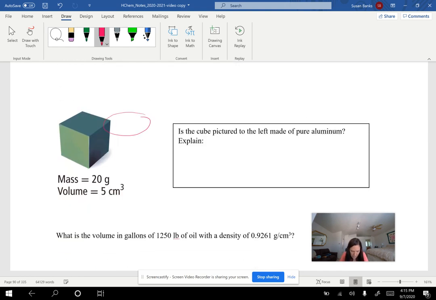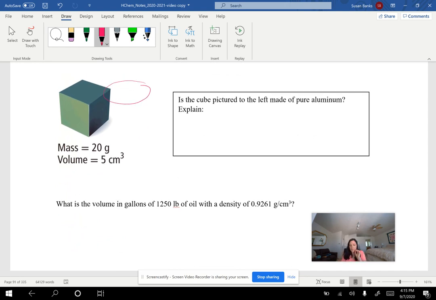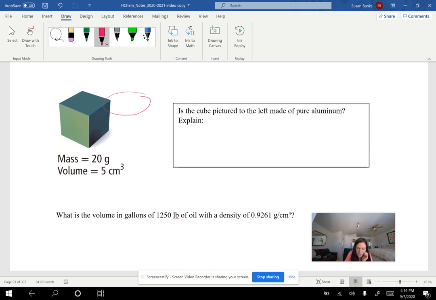Let's look at this last problem. Is the cube in the left picture made out of aluminum? The mass is 20 and the volume is 5. Remember, density is mass divided by volume. So 20 grams divided by 5 centimeters cubed gives me a density of 4.0 grams per centimeter cubed.